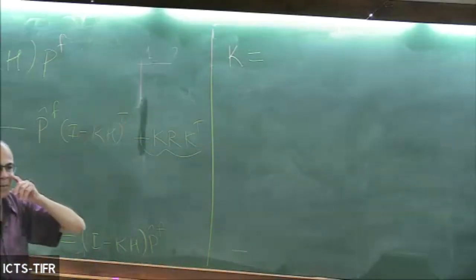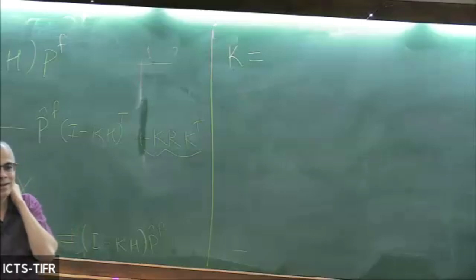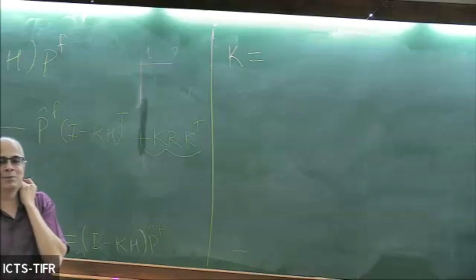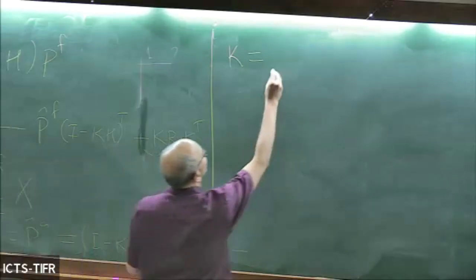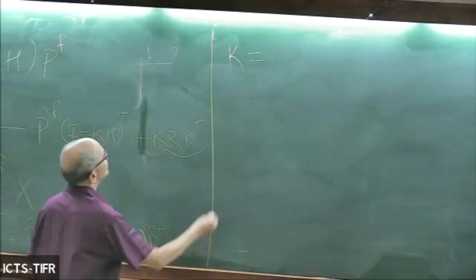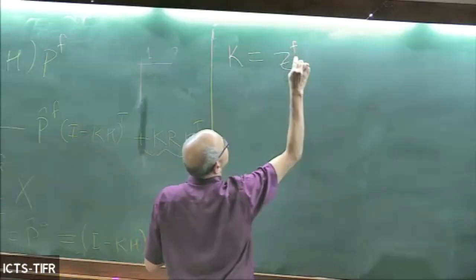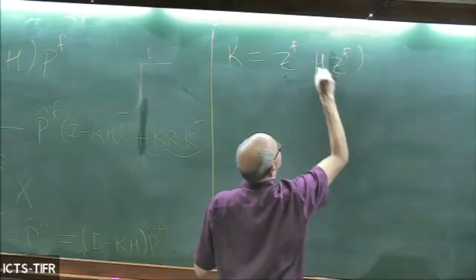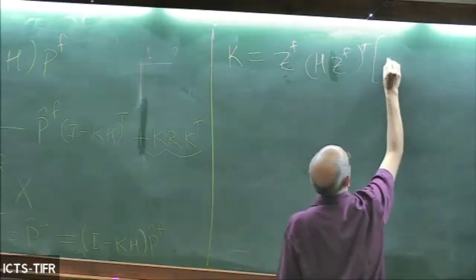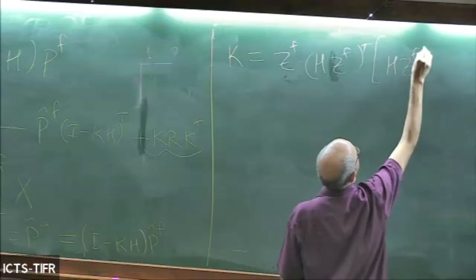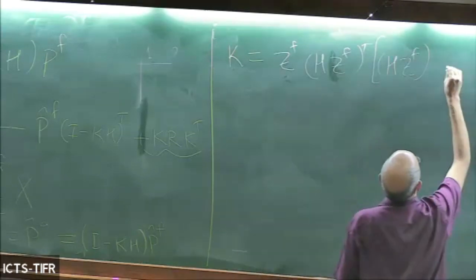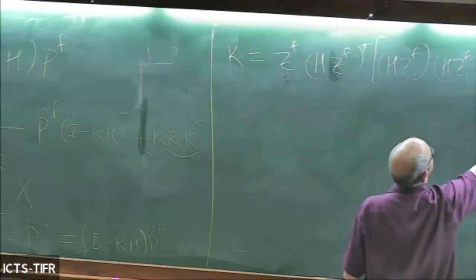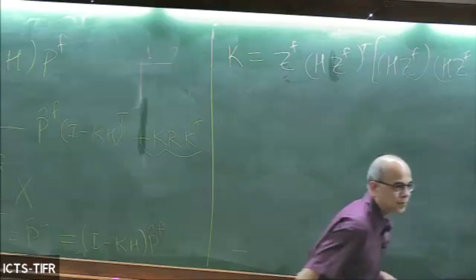Okay, so what's K? PH transpose times HPH transpose plus R inverse. And that I wrote as, so P was Z, so this was ZF times HZF transpose, and then again the same thing, HZF and HZF transpose plus R inverse.